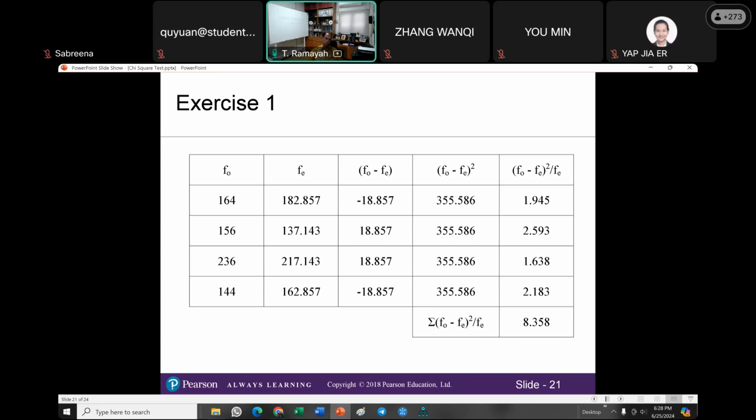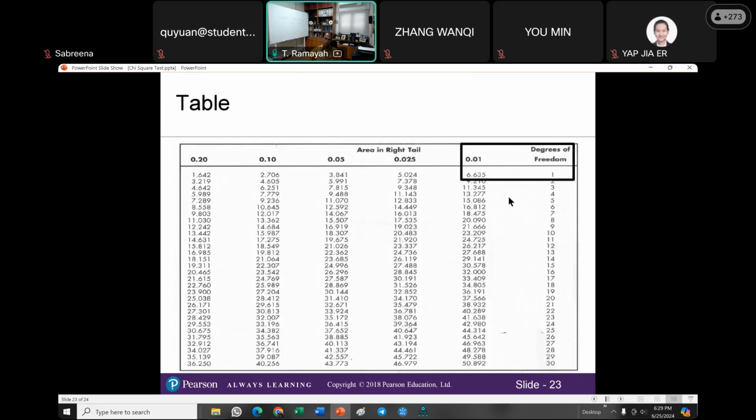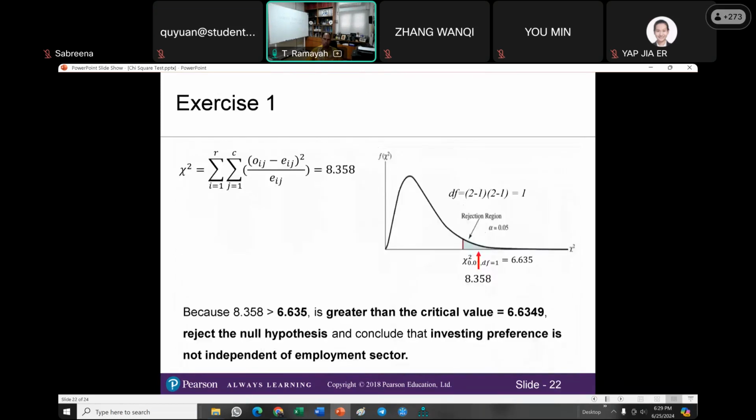So this 8.358, is it smaller than the critical value or larger than the critical value is what we decide next. The critical value we already got, 6.635, at 1% alpha and 1 degree of freedom, 2 minus 1 times 2 minus 1. So we will put the 6.635 here.